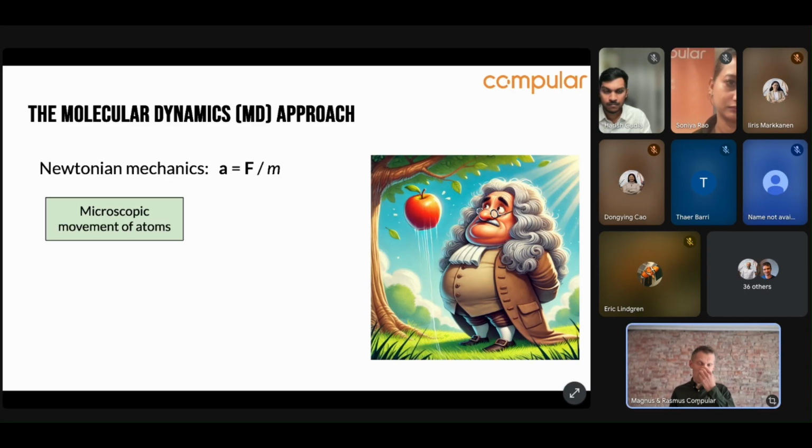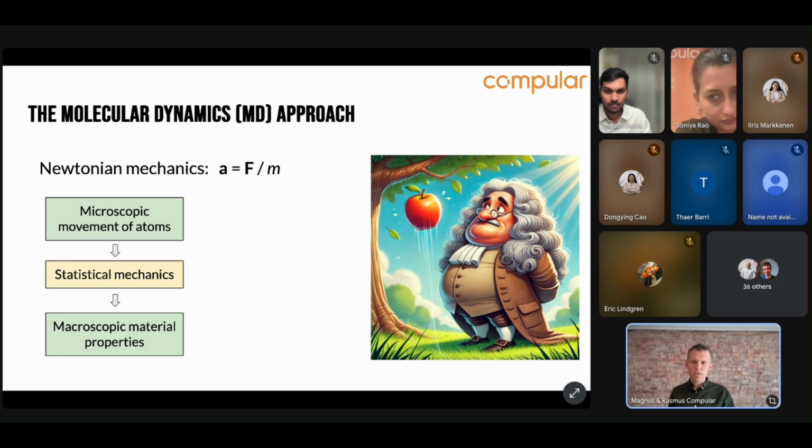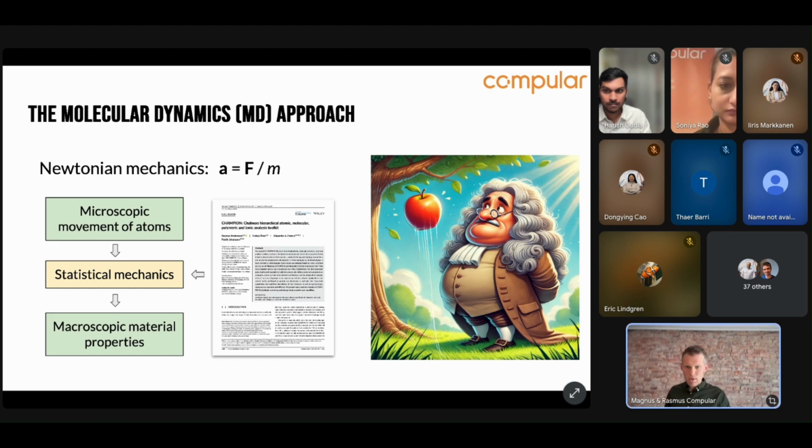So what this means, and what we're doing then, is that we have a model with which we can simulate the microscopic movement of atoms, and then we can use statistical mechanics to extract the macroscopic material properties that we're interested in. And so the contribution from Rasmus' PhD was actually in this middle step here, where we analyze the simulations.